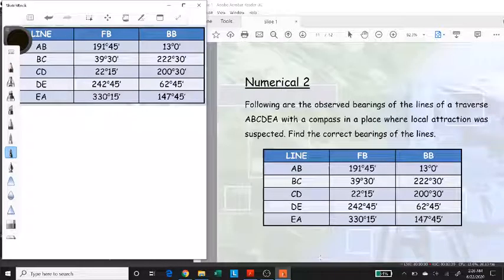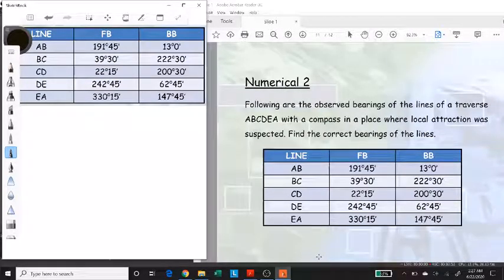So in the previous one, we were neglecting where the error actually was, since the local attraction is not the same on every side of the traverse, but we were treating it in that way. But in this case, we can actually find out which sides or which points are free from local attraction and where we need to apply corrections.